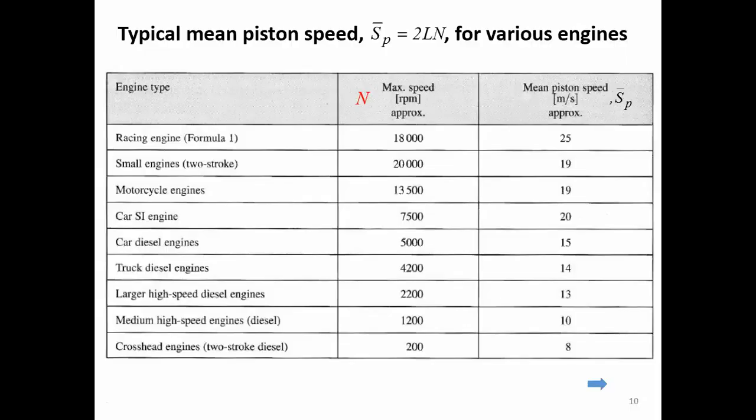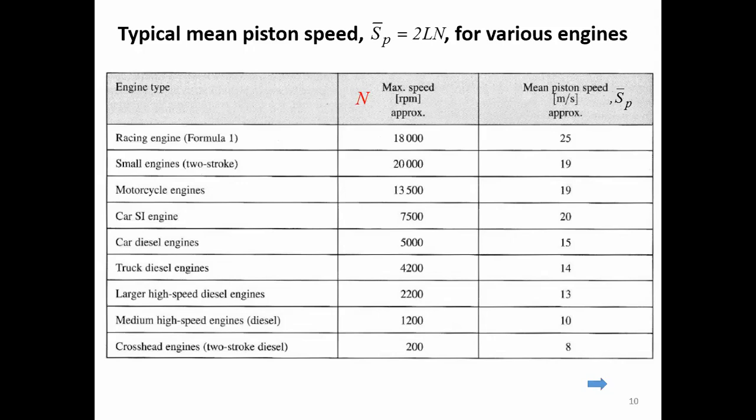This shows the typical mean piston speed. If you want to design an engine, you can use these numbers. If you go for a higher number on this table, you have to do more research in your design, not only rely on the knowledge that I teach you.